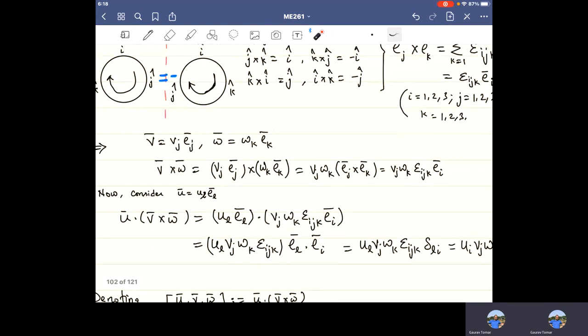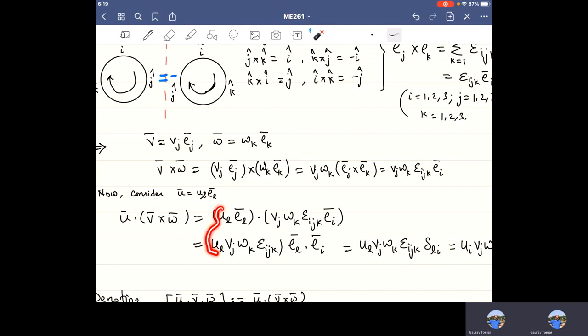Now, let's say we take another vector u, which we are writing as ul el, and take the dot product with v cross w, where v cross w is vj wk epsilon ijk ei. So it's a summation over that, and ul el is here. Again, the scalar quantities just scale the final quantities, and we deal with the vector separately.